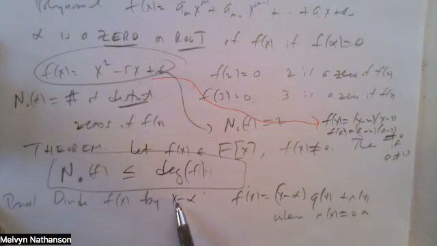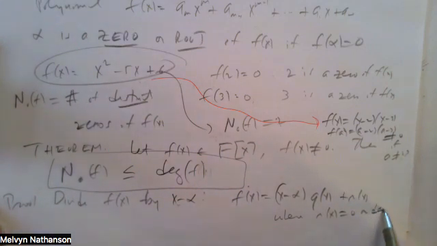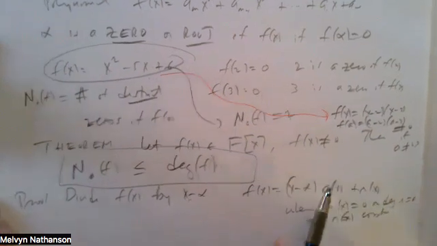This has degree 1. So the only non-negative integer less than 1 is 0. So either r of x is 0 or the degree of r is 0, which means that r is a constant. 0 or non-zero, r of x is some constant. And what is that constant?